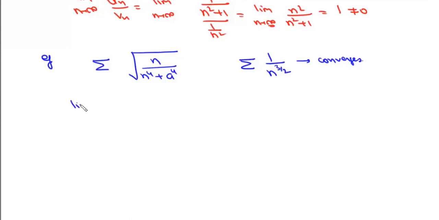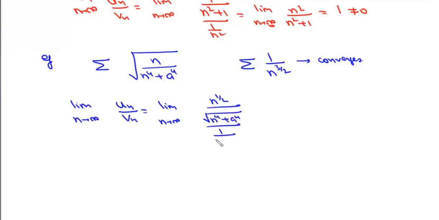Now again, we'll find this limit, n tends to infinity, un upon Vn, so it will be this limit, n tends to infinity. Now this is n to the power 1 by 2 under root of n to the power 4 plus a to the power 4 upon 1 upon n to the power 3 by 2.